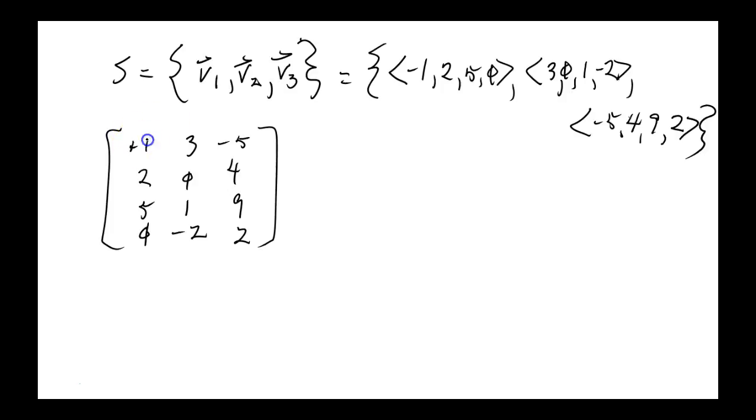First thing I would do is change signs. Next thing: negative 2 row 1 plus row 2, and negative 5 row 1 plus row 3. Okay. 1, minus 3, 5.